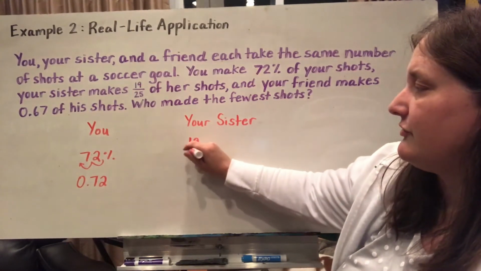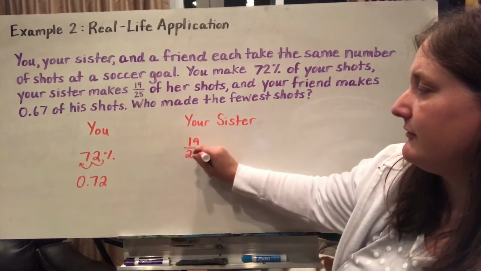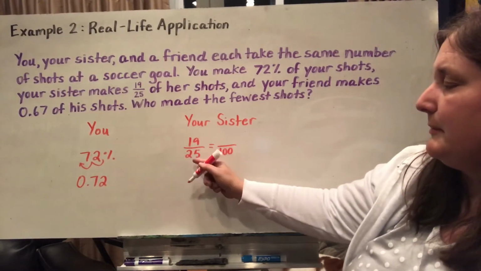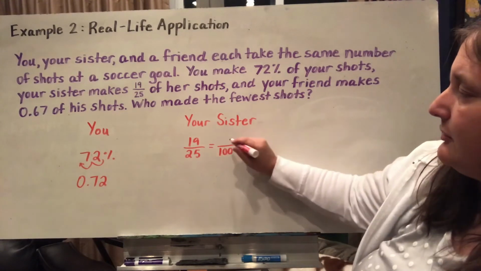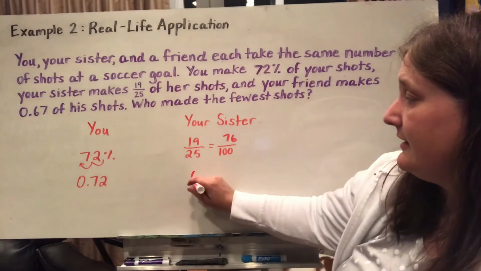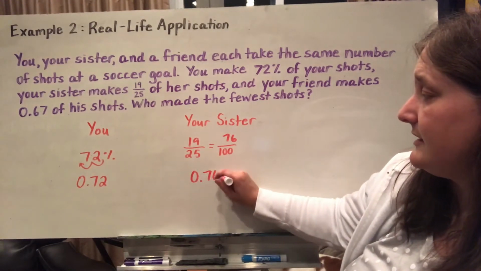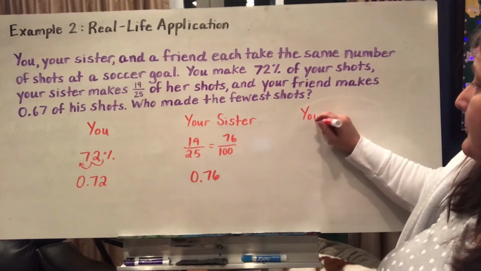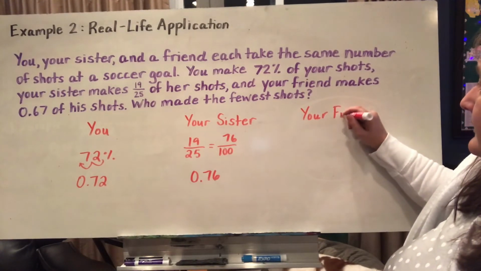So in order to change that to a decimal, I'm going to have to write it as a fraction out of 100. So I'm multiplying by 4 here. So on the top, I'm going to do 19 times 4. I get 76 out of 100. That's 0.76, 76 hundredths.